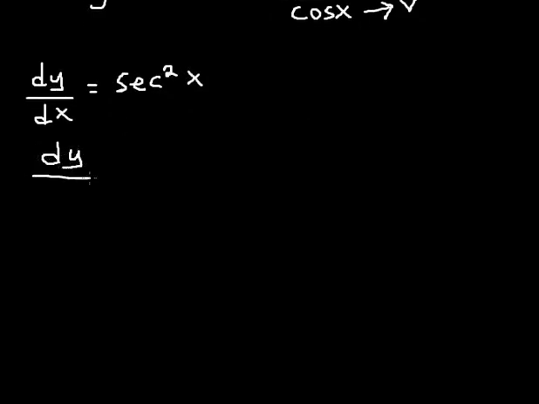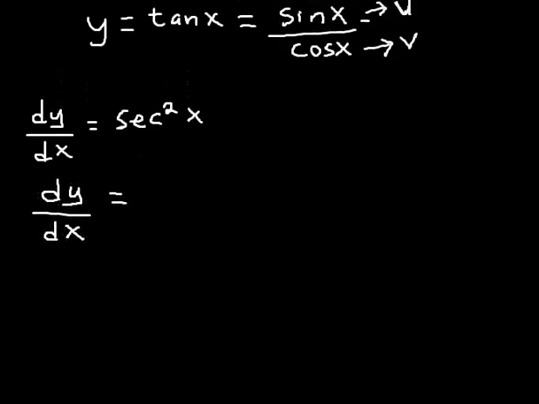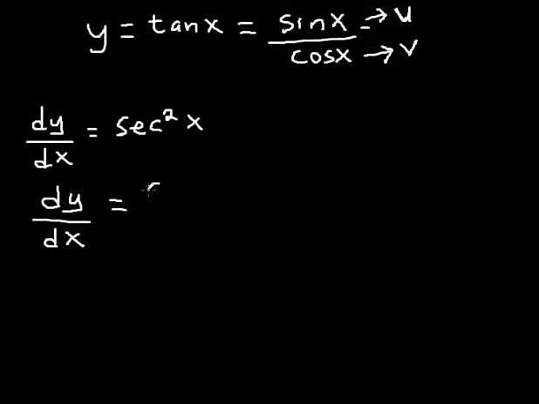So now let's do it. dy/dx. Of course, you know what we do first. Keep cos x, that's v, constant. Differentiate sin x, which gives cos x.